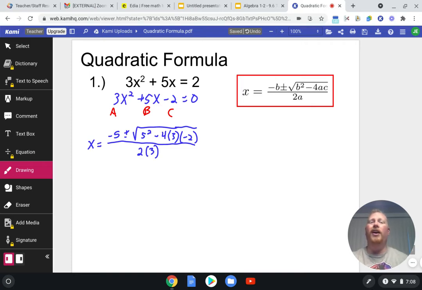And let's go ahead and work underneath the square root. So the first thing I'm going to do is the 5 squared is 25. And then I can also do the -4 times 3 times -2. So that's -12 times -2 is a positive 24, over 2 times 3.